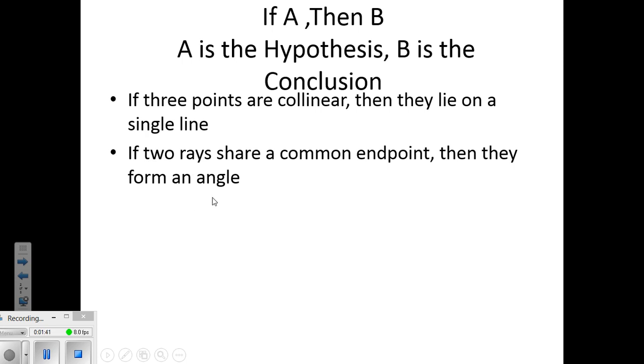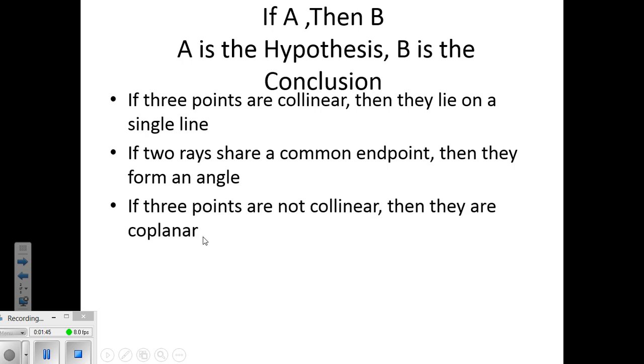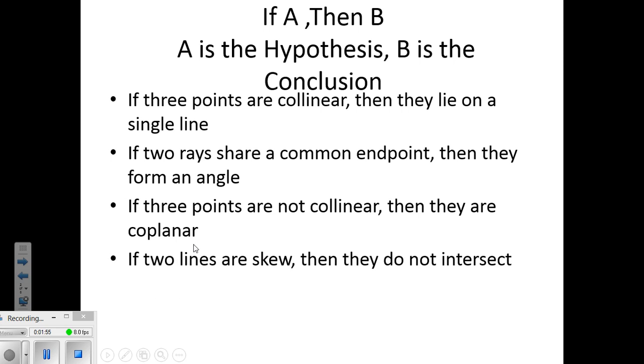Conclusion, they form an angle. Okay, another statement. If 3 points are not collinear, then they are coplanar. Hypothesis, 3 points are not collinear. Conclusion, they are coplanar.